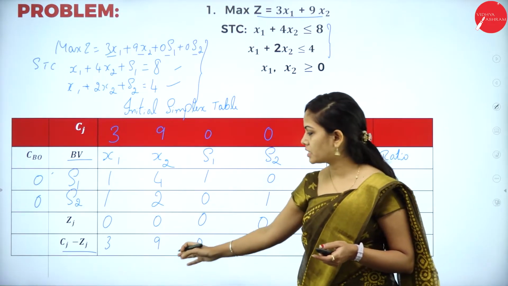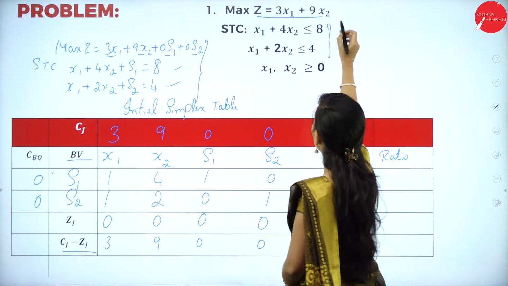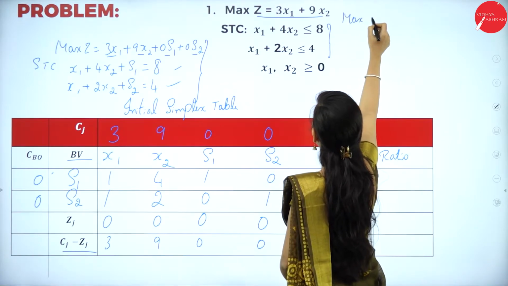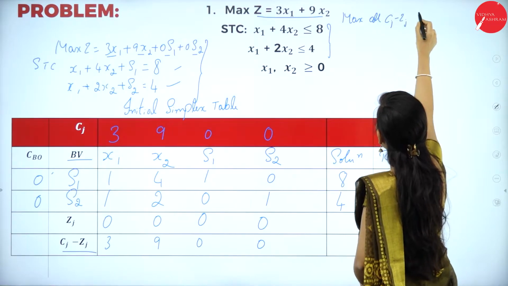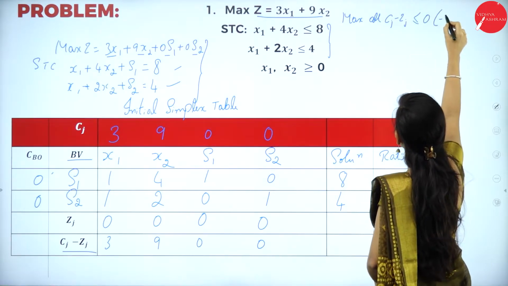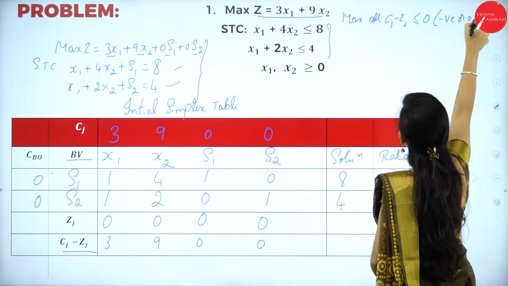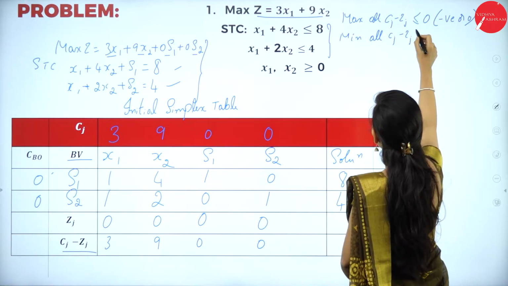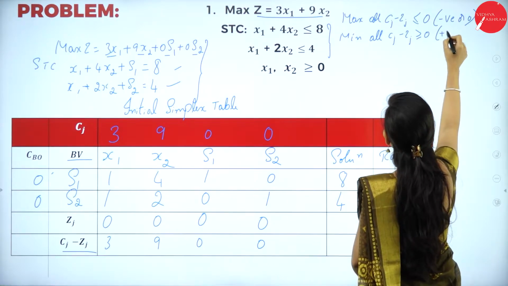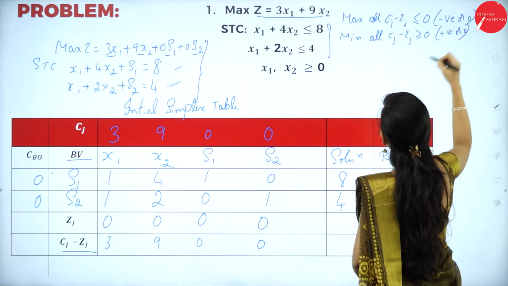I have already discussed this many times. When it is a maximization problem, all Cj minus Zj values should be less than or equal to 0, that means negative or 0. And for minimization, Cj minus Zj values should be greater than or equal to 0, positive or 0.